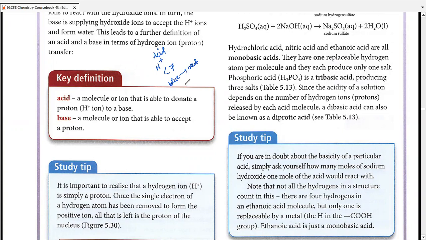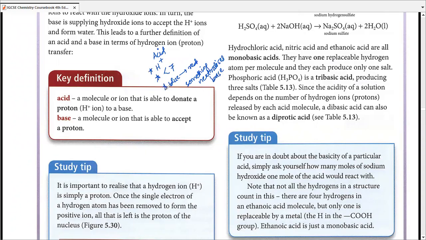Later on, we defined acid as something that neutralizes a base, right? But now, apart from all those definitions, we are giving you another definition.